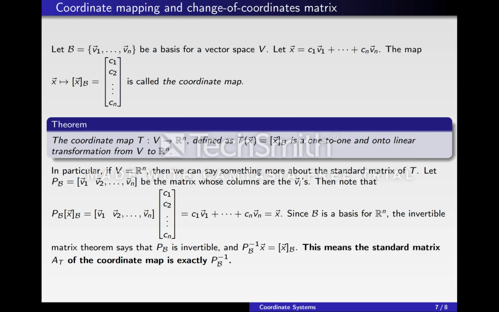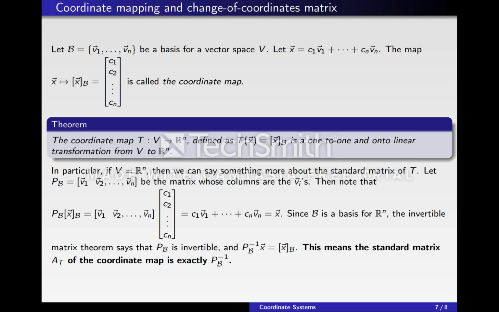Then note that if you multiply P sub B with x sub B, the B coordinates of x, that's the same as multiplying the matrix [V1 V2 through Vn] with the vector (c1, c2, through cn).